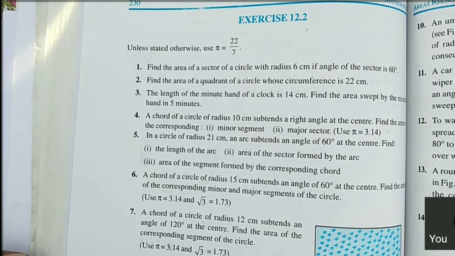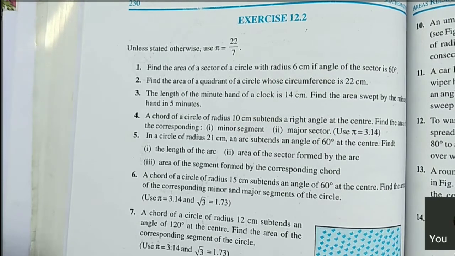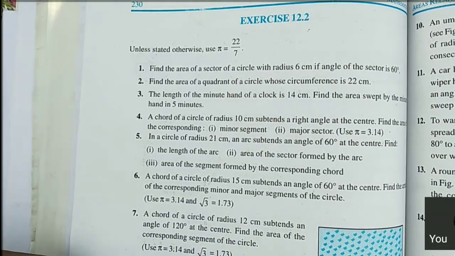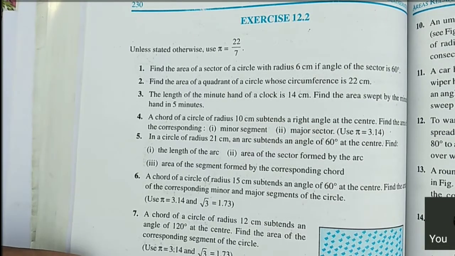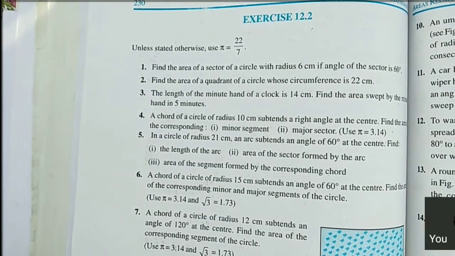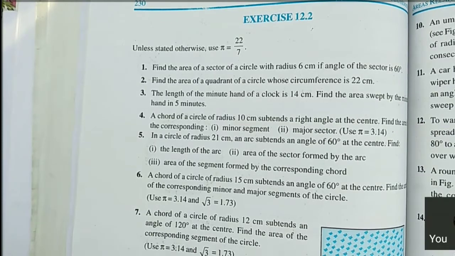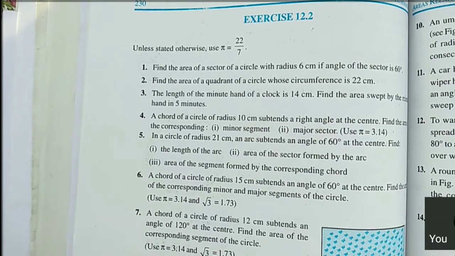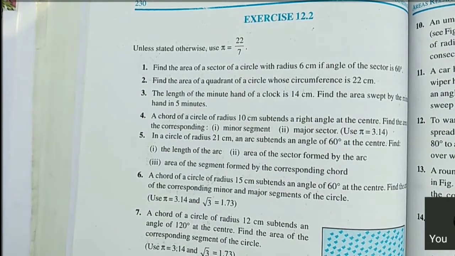Theta by 360 into... Excuse me, are you all here or not? Then respond. Theta by 360 into what is the formula? Tell me now. All of you repeat it. Very good. Into pi r squared square units, right?